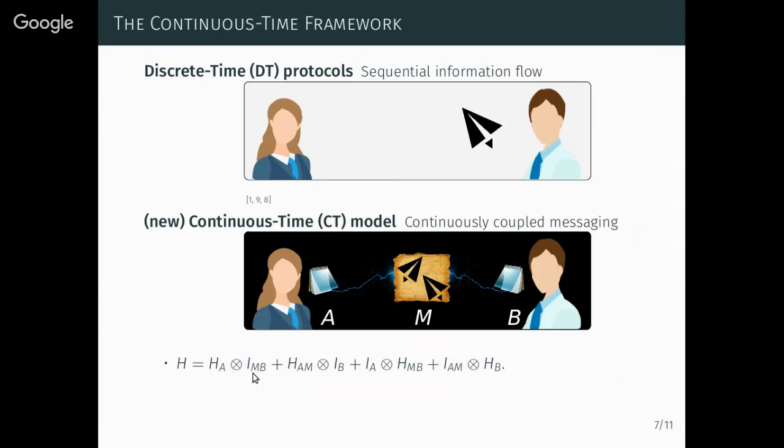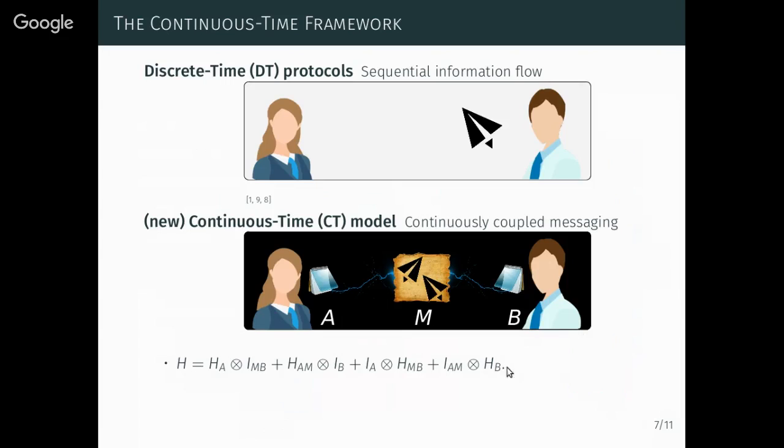So Alice does some computation on her own, and this Hamiltonian is not bounded. Why I'm saying that is because you can imagine that if you allow this HA to be arbitrarily large, then Alice can do any computation in zero time. So this is basically quantifying the fact that Alice has infinite computational resources.